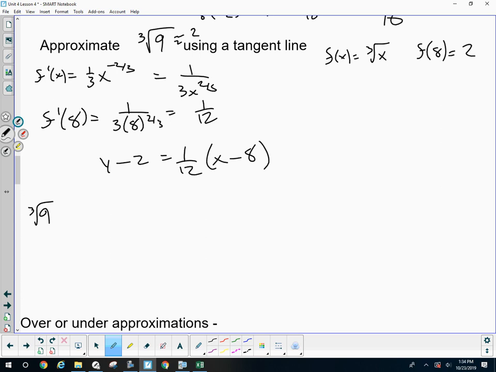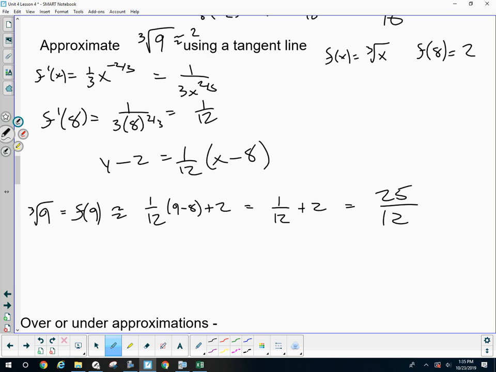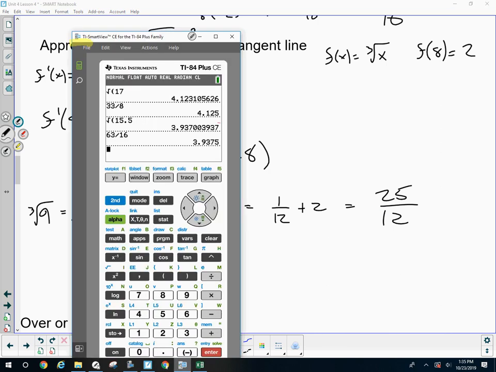The cubed root of 9, which will be f of 9, will be approximately, do the arithmetic. We get 25/12. 2 is 24/12.